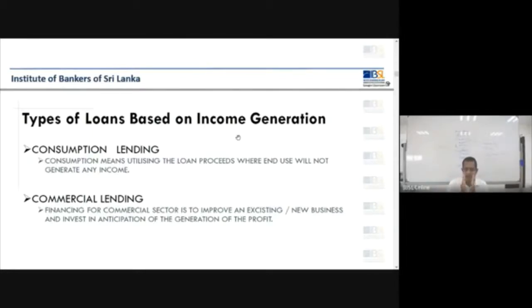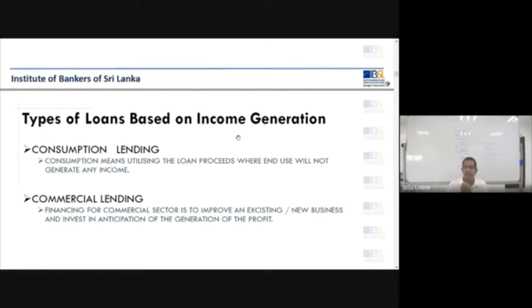If we give a housing loan, once the house is constructed, if the borrower is going to live in that house, it will not generate money to repay the loan. Or you give a loan to buy a car for personal use, the end use of that money will not generate money to repay the loan. So it is consumption purpose.